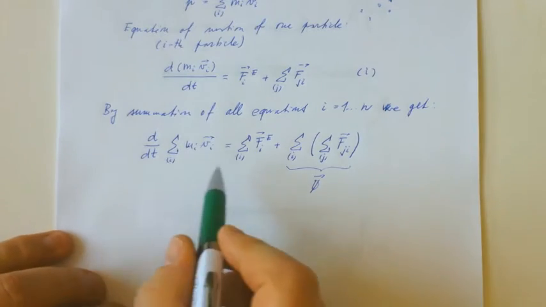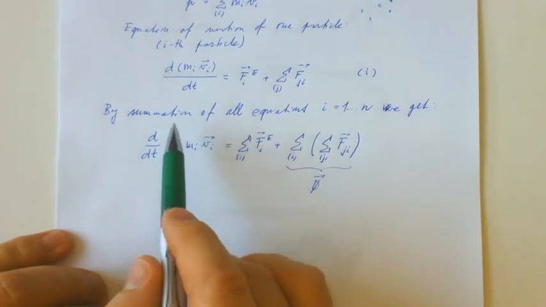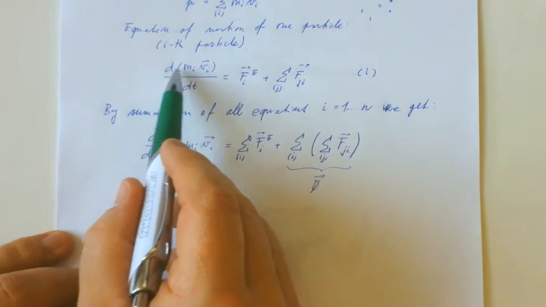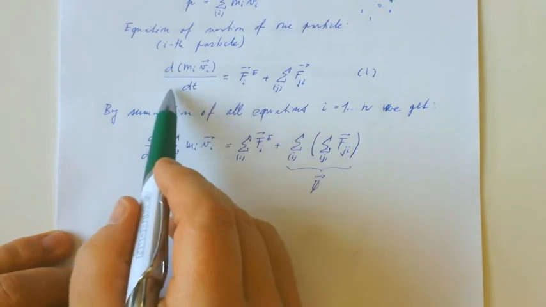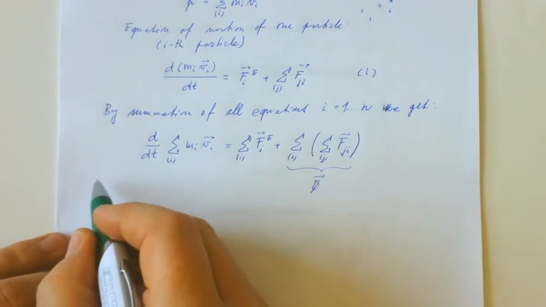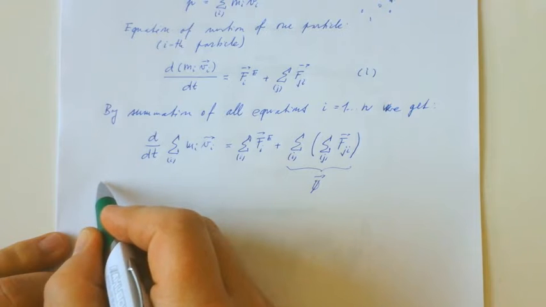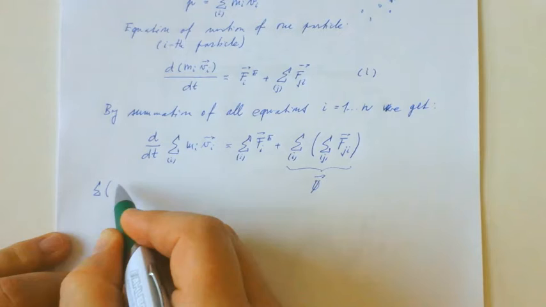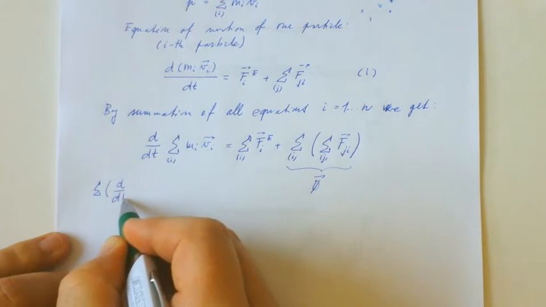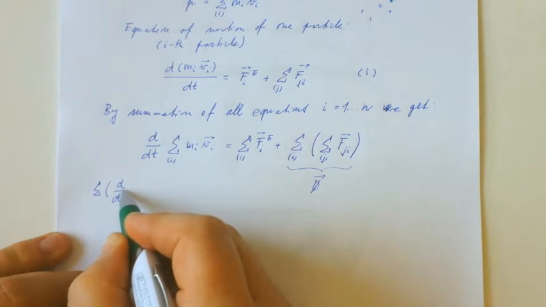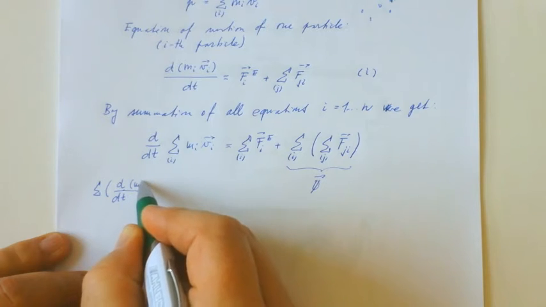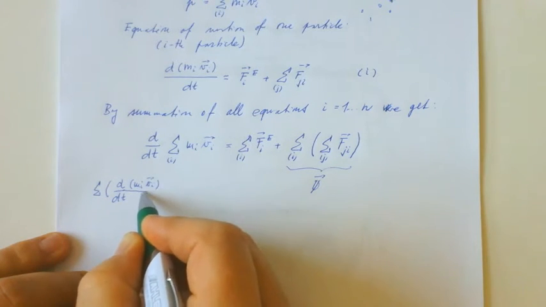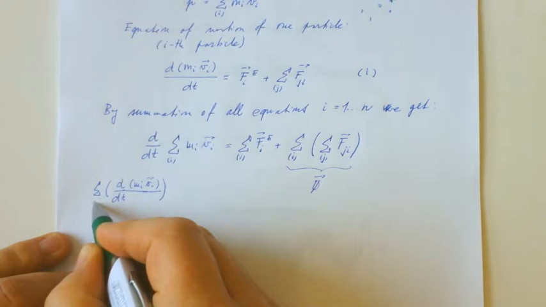We made some small trick here, if you noticed. If we make a sum of left sides of equations, we normally get the sum of d over dt of mi vi over i.